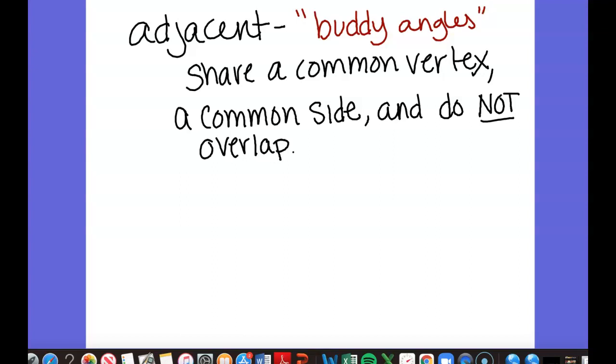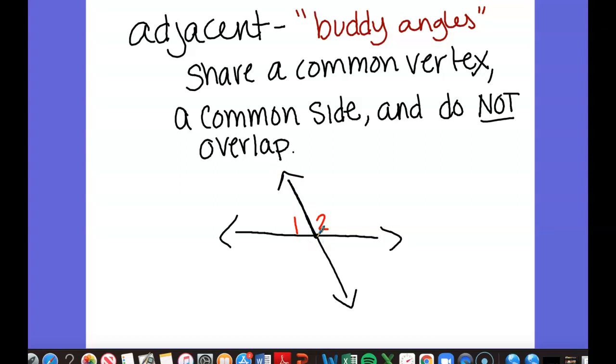So, if I have two lines that intersect like this, this point right here is called the vertex because that's where the lines meet and form angles. And we have angle 1 and angle 2 are adjacent angles because they share a common vertex and a common side, but they do not overlap one another.